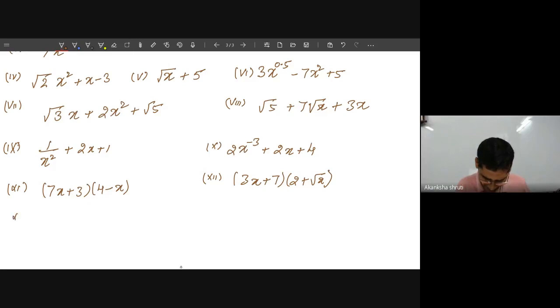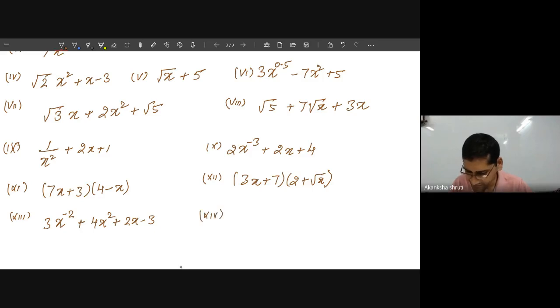The next one is x to the power or 3x to the power minus 2 plus 4x square plus 2x minus 3. The next one is 1 by 3 x square plus 5.